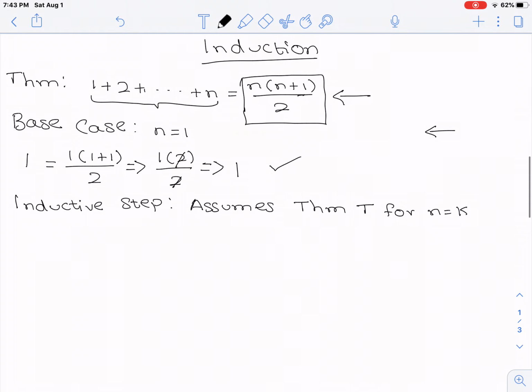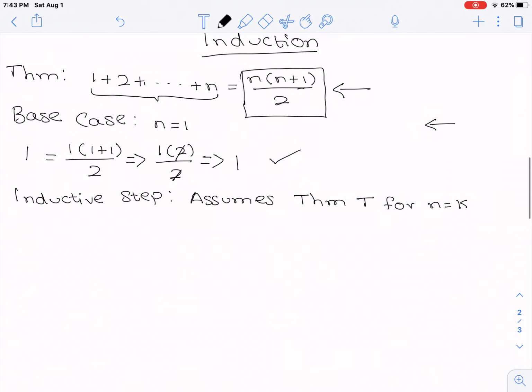And using that information, we now have to prove that the theorem is true for n is equal to k plus 1.